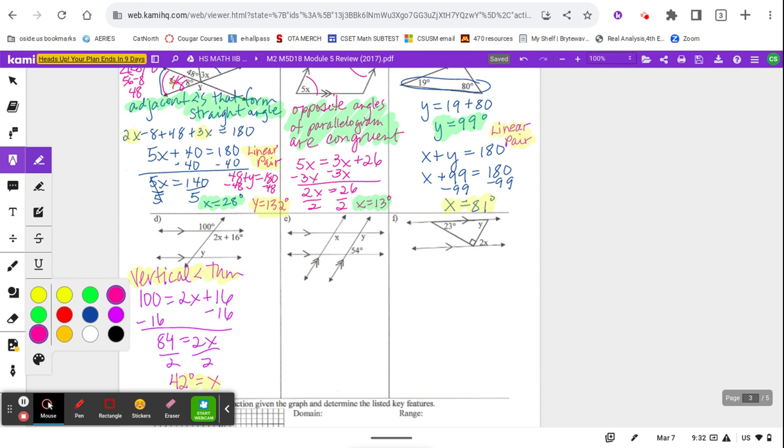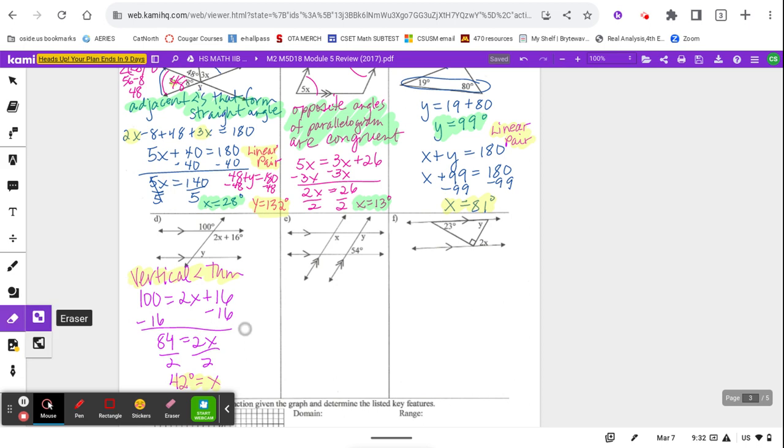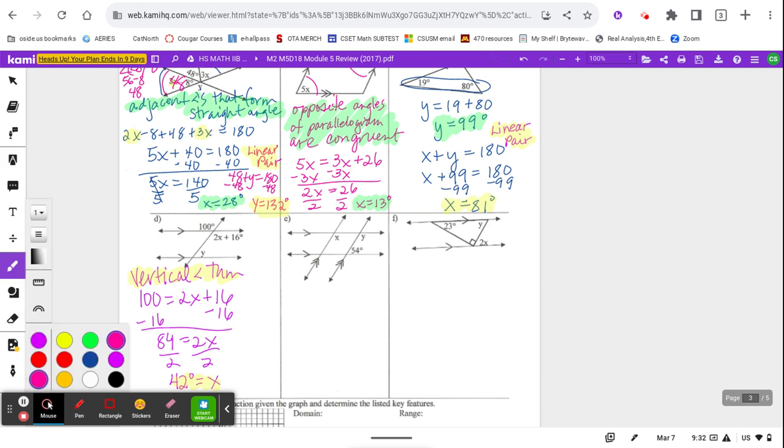Okay, but I also need to solve for y, and I could say that y plus 2x plus 16 equals 180 because of same side interior angles being supplementary.